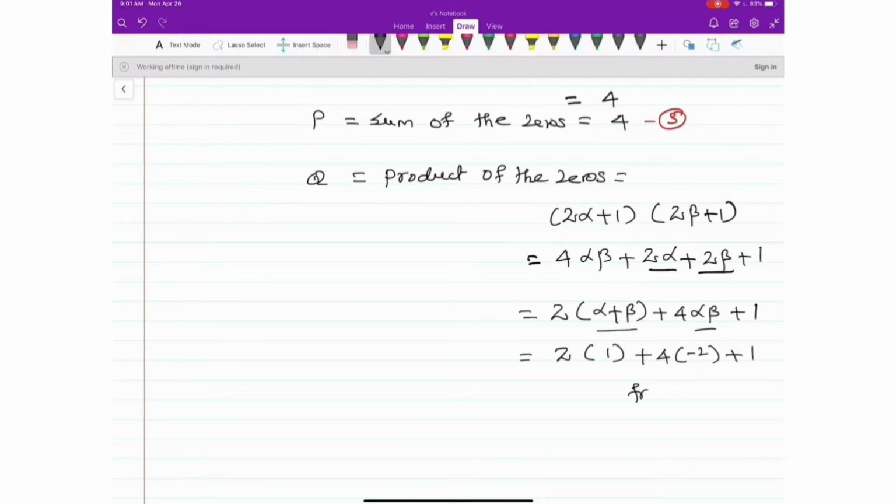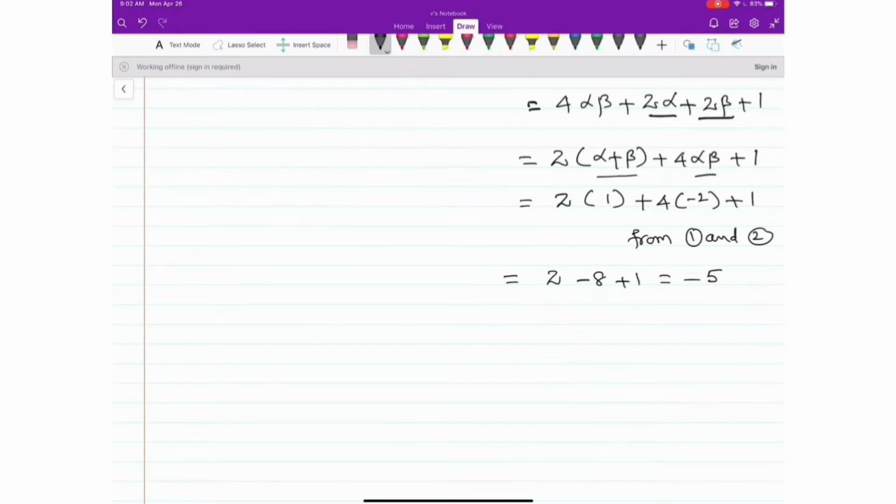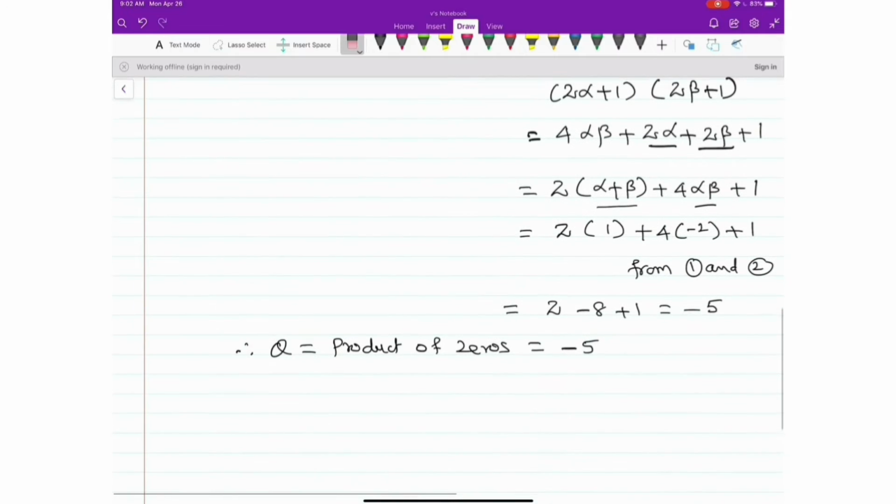This I got from 1 and 2. When I simplify, I will be getting 2 minus 8 plus 1, which is going to be minus 5. Therefore, Q is equal to product of zeros is equal to minus 5. Let me name this result as 4.